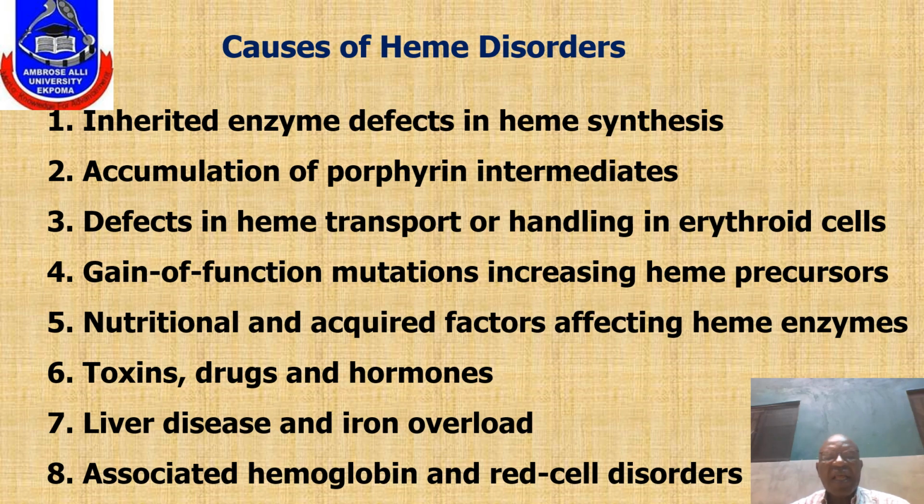5, nutritional and acquired factors affecting heme enzymes. That is, when you don't have the requisite factors that are necessary to produce the enzymes involved in the heme biosynthetic pathway. 6, drugs, toxins, and hormones can also cause this disorder.